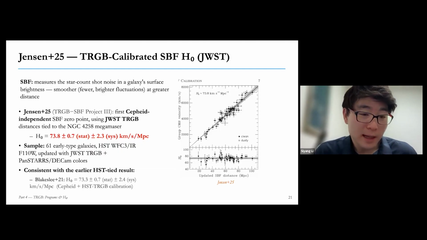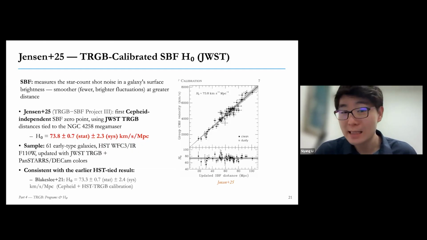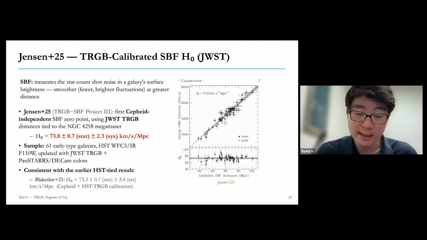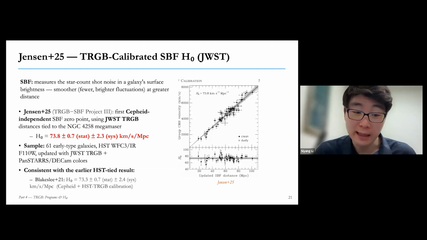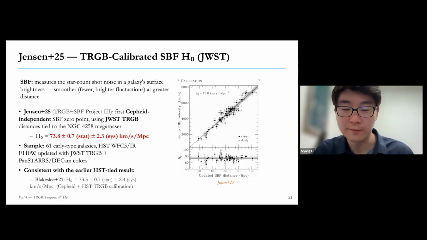There have been papers published, for instance, by Jensen et al. and Blakeslee et al., that constructed this TRGB and SBF-based distance ladder to be independent of the Cepheid-based and Type 1a supernovae-based distance ladder. And they do find with this TRGB calibration a little higher H naught, 73.8 from Jensen 2025. In an older version of this approach from the Blakeslee paper, 73.3 as well, which are a lot closer to the Cepheid value compared to the early universe value of H naught.